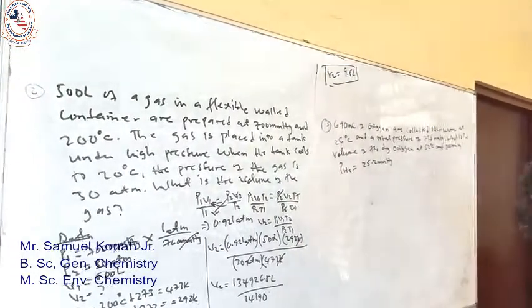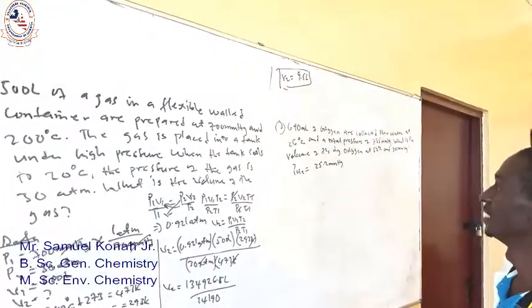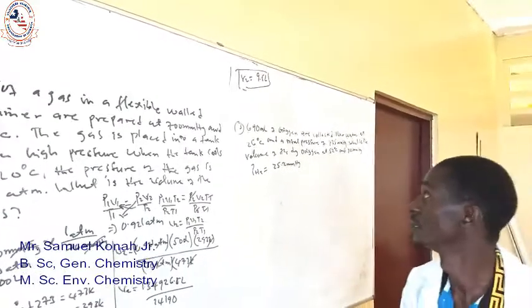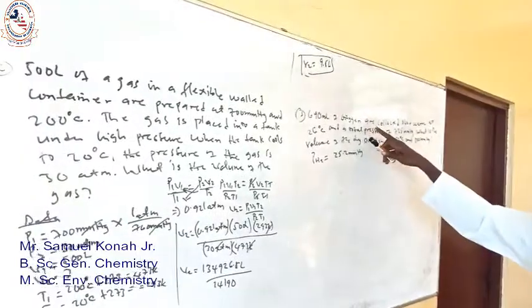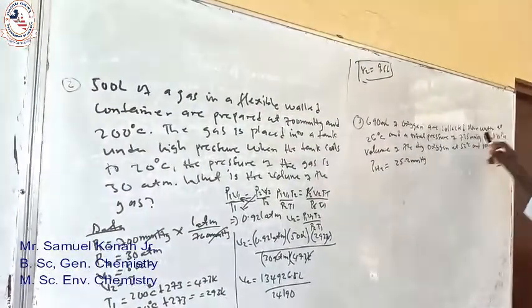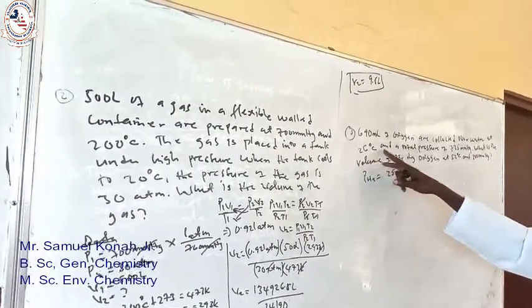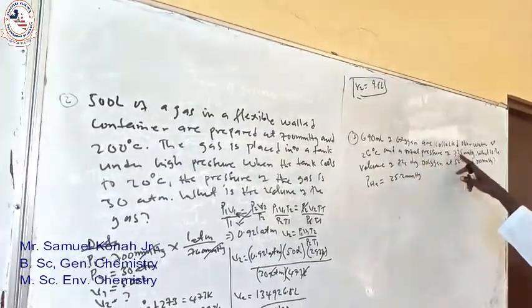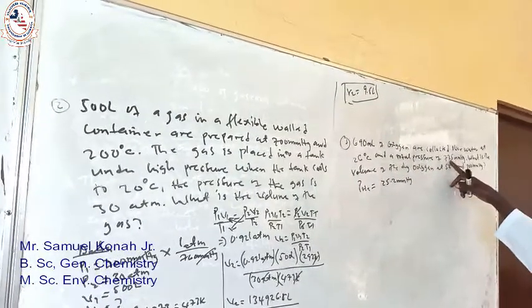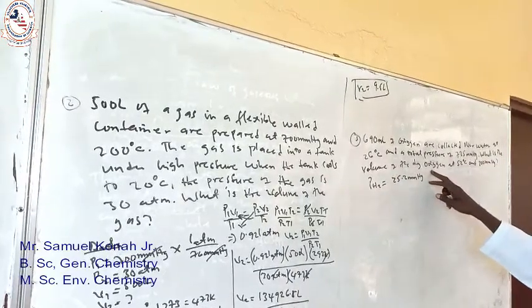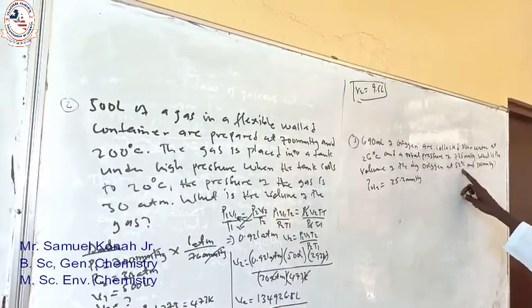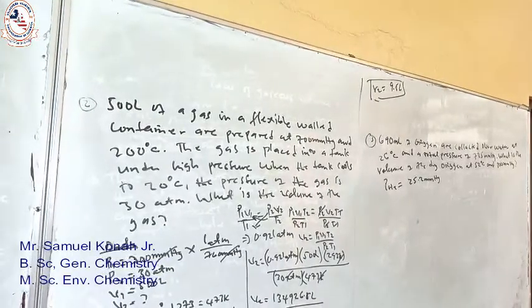So we take on our sample problem number 3. It says: 690 milliliter of oxygen are collected over water at 26 degrees C and a total pressure of 225 millimeter mercury. What is the volume of the dry oxygen at 52 degrees C and 800 millimeter mercury?